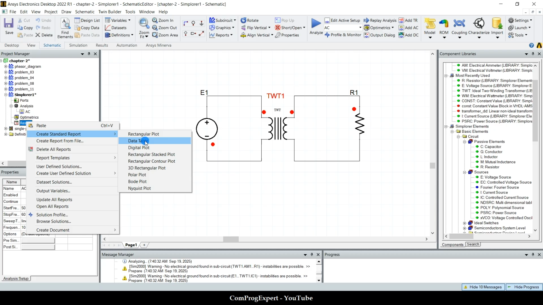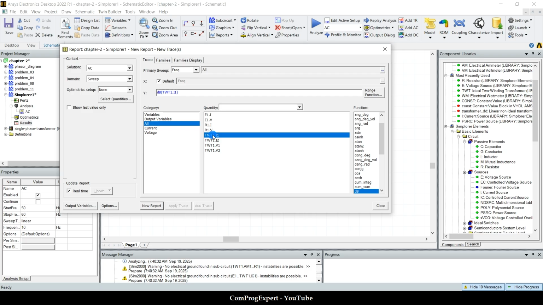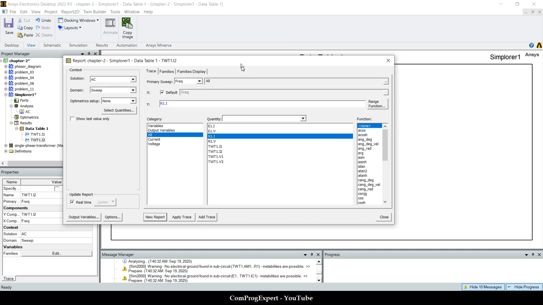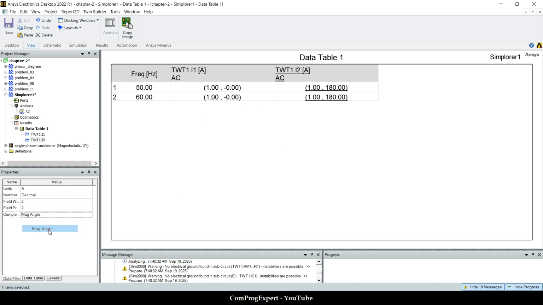From here, in the data table, we are going to add I1, the current of the primary coil, also I2 and R1 dot current. I will add it, so display it in magnitude and angle.